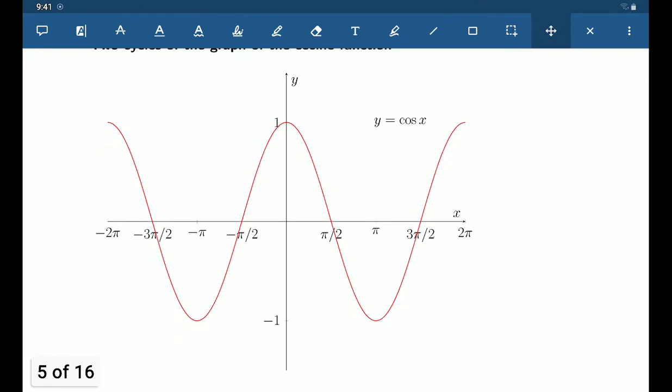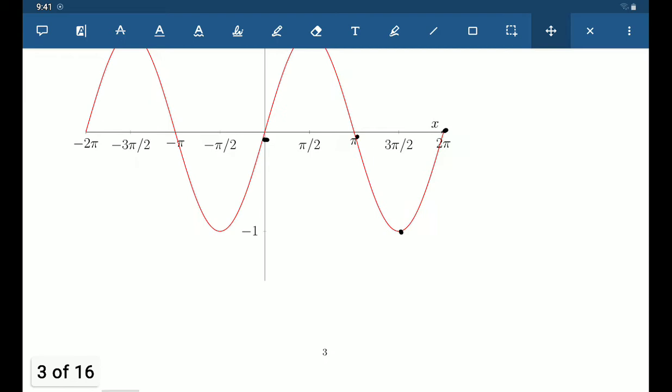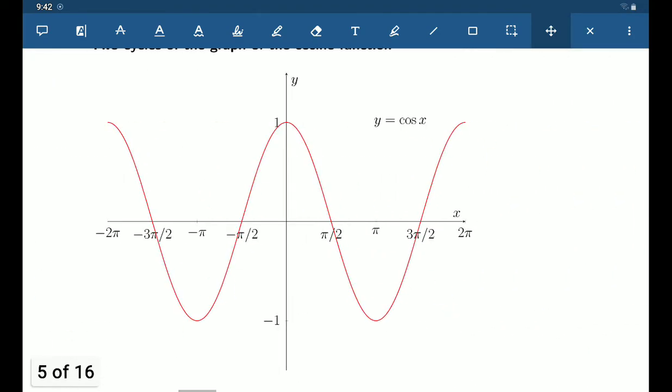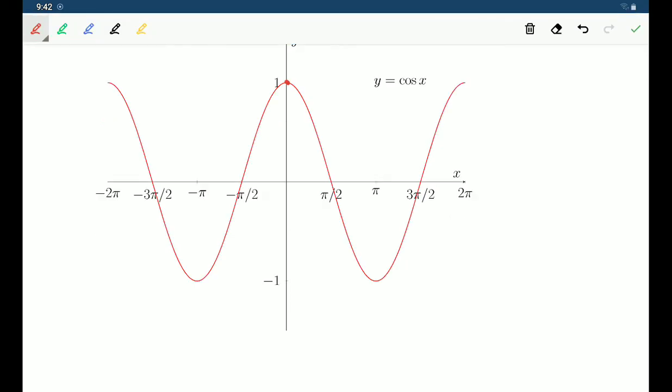Notice the two basic shapes that we have so far, that for the sine graph, we begin at the origin, and then we make our way up, then back down to the x-axis, then down and back up. For the cosine function, we don't begin at the origin. We begin at the maximum value of 1. That's where our very first key point is. And then we make our way down and back up again.